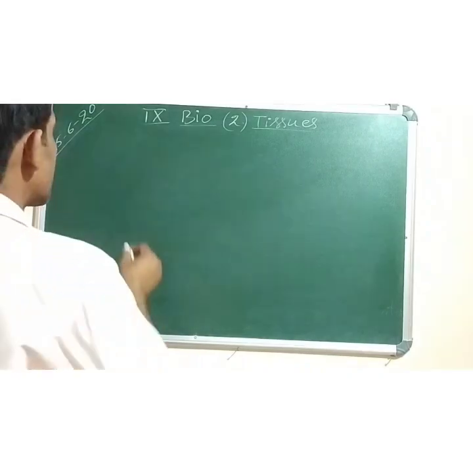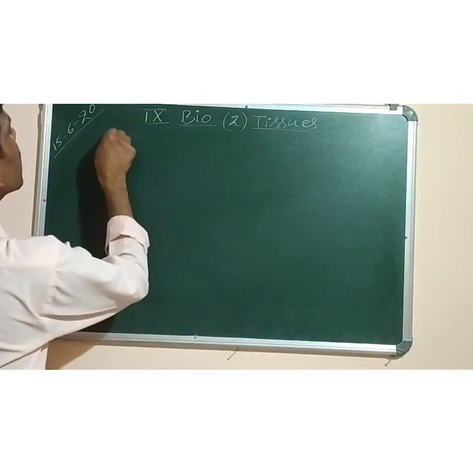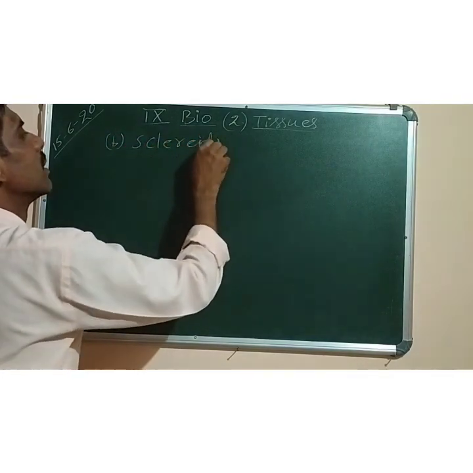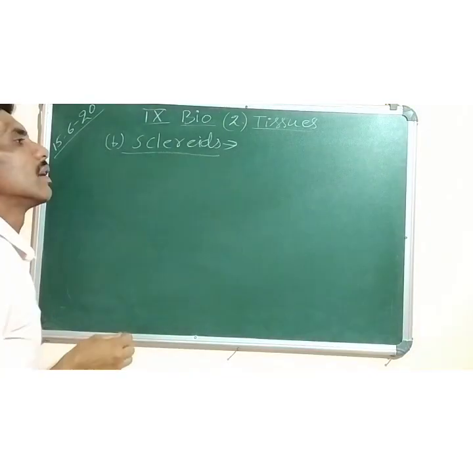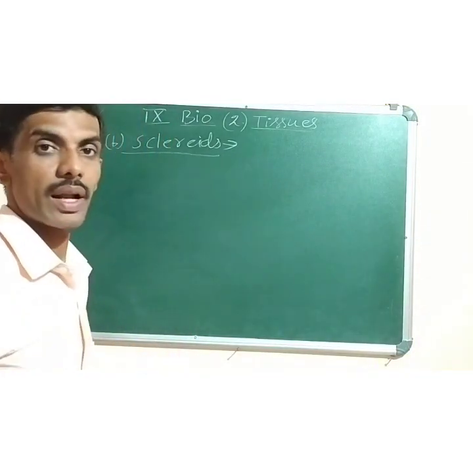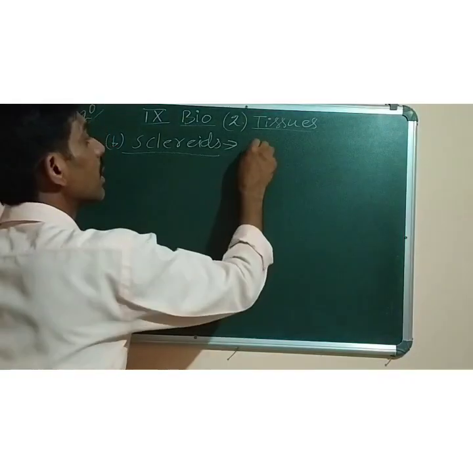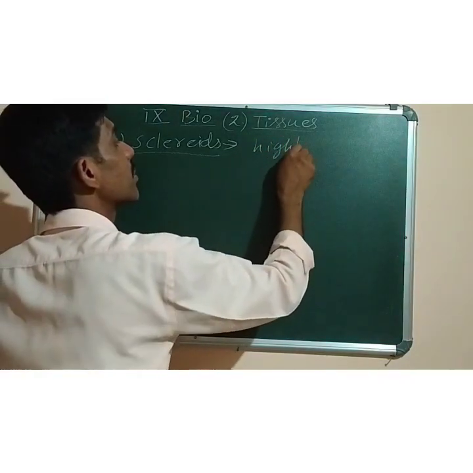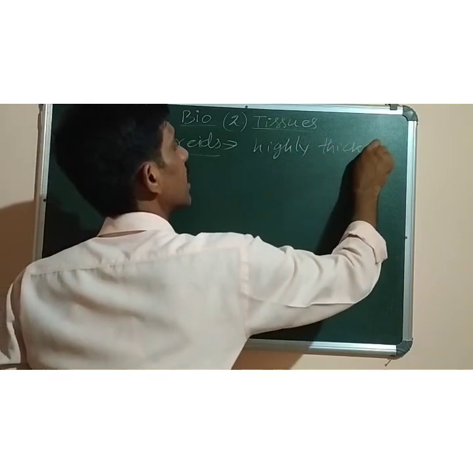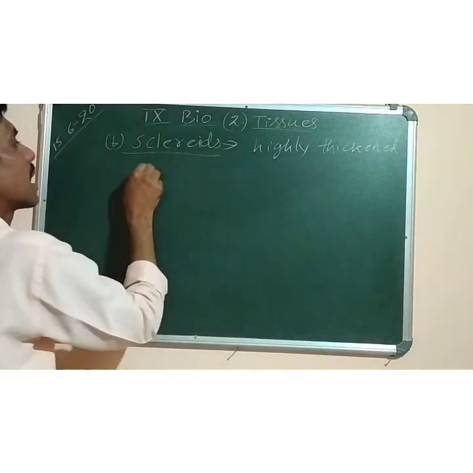Okay, so next one is sclerites, number B. What are the first characteristics of sclerites? They are highly thickened, means they have thick cell walls. They are also dead cells.